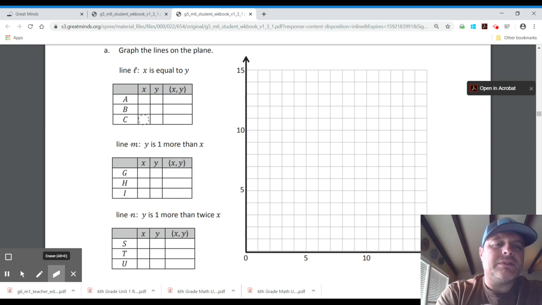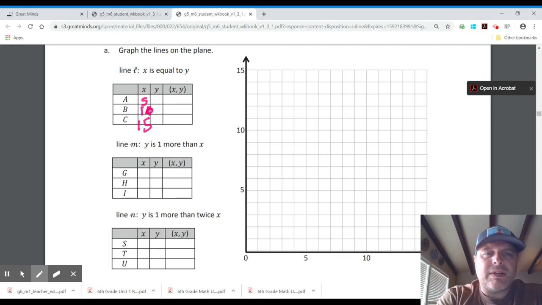Because I know 1 to 1, I'm going to do 5, 10, and 15. There you go. 5, 10, and 15. And x is equal to y, so y is going to be the same number if they're equal, okay? And you're going to write them as 5 comma 5 with parentheses. So we're going to graph those, okay?